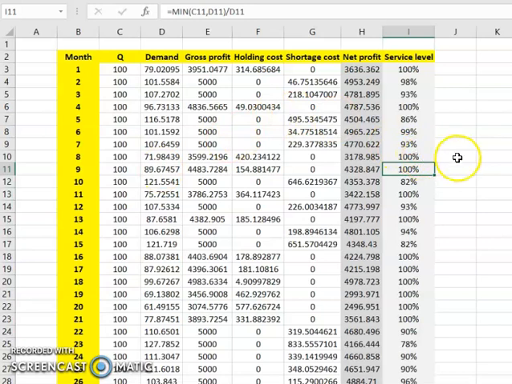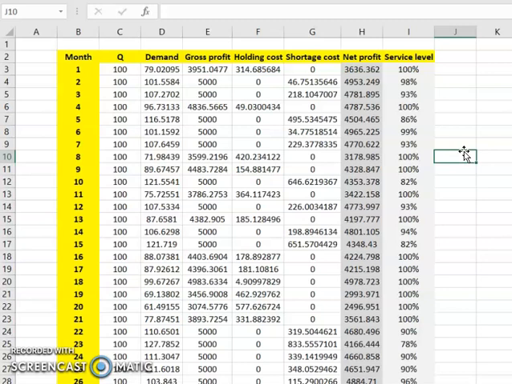Just, my friend, let me give you a point. It is not the only way to calculate the service level. Again, I chose the simplest one because I want to have our focus on the simulation model instead of those details. Here, I did it very simply. I calculate the service level in each month, and I'm going to calculate the average.